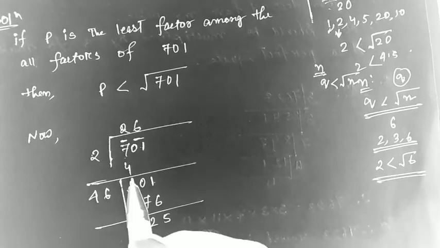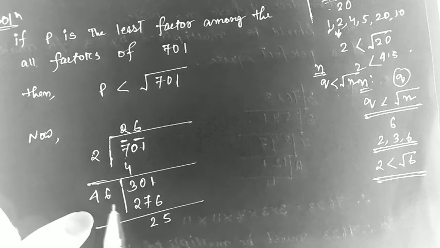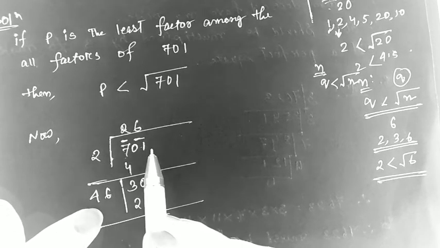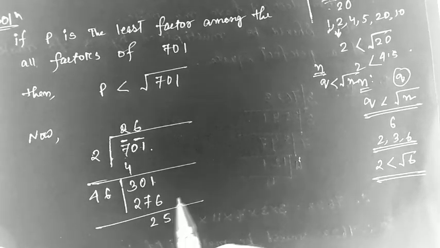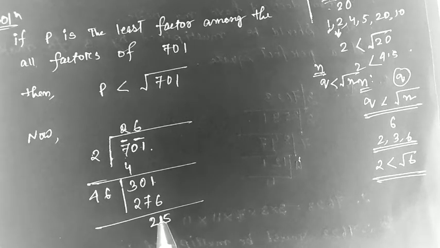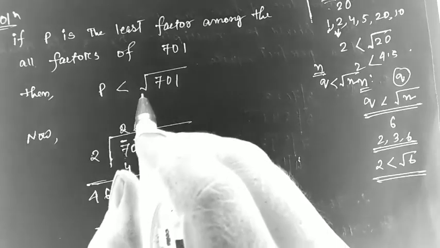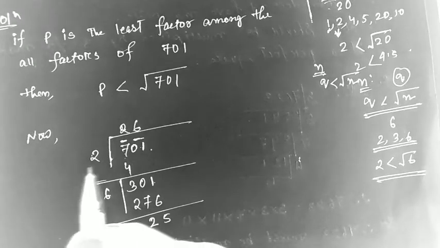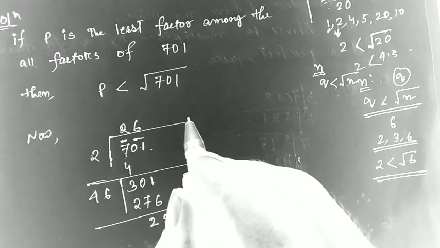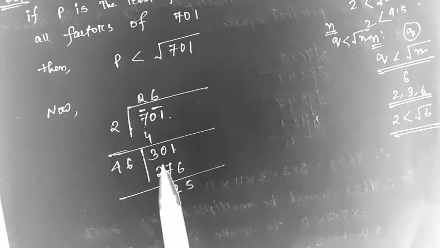Now see, 701 does not have a perfect square root, because the remainder is 25 here. Since the remainder is 25, 26 is not the perfect square root of this number. It will be 26 point something.